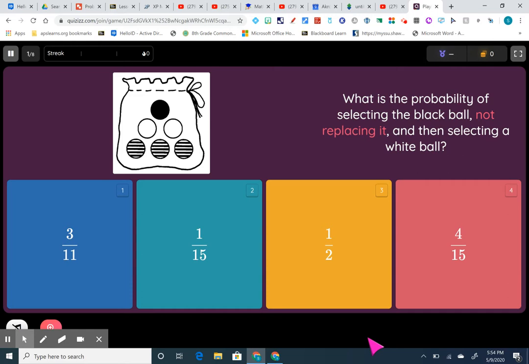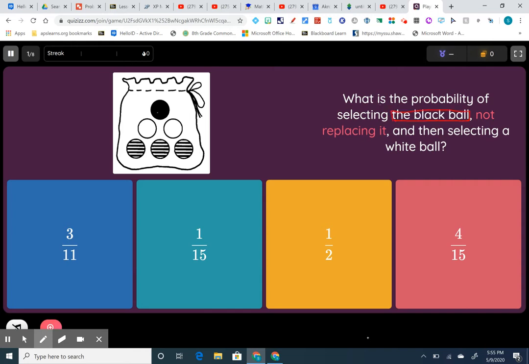So here we go. What is the probability of selecting the black ball, not replacing it, and then selecting a white ball? When you don't replace something, it is going to change the probability of the second event. So that's going to become a dependent event. So first thing that's happening, selecting a black ball.